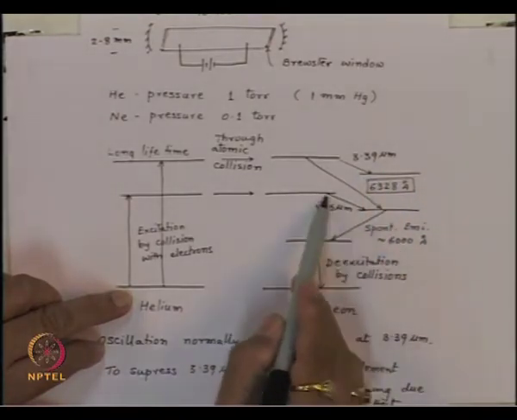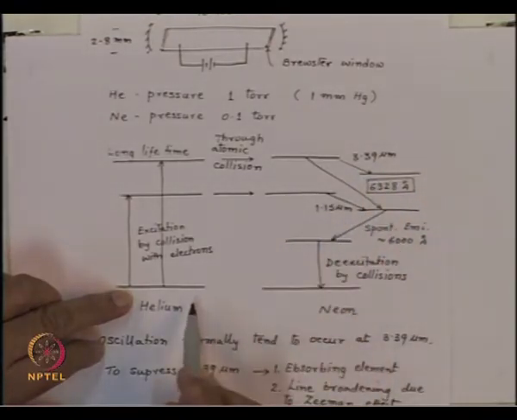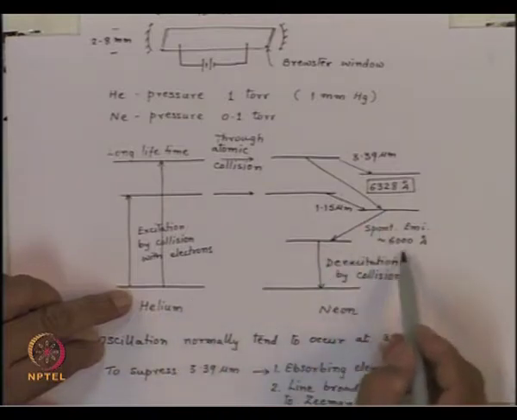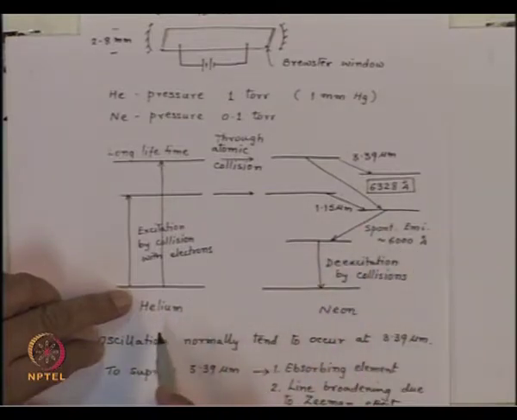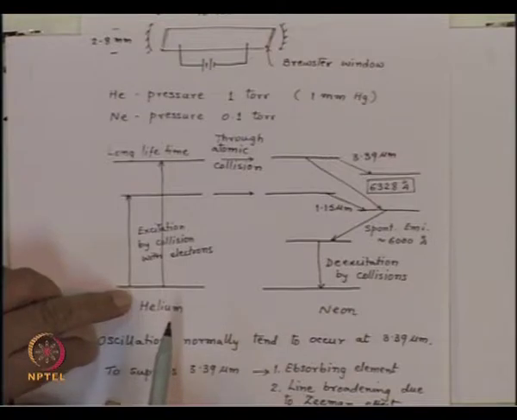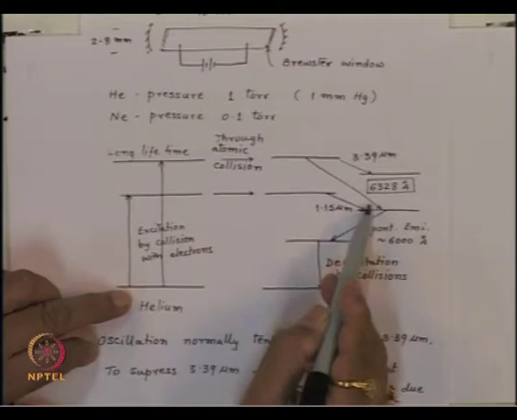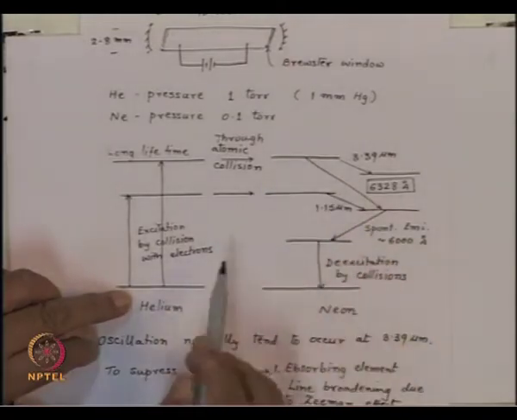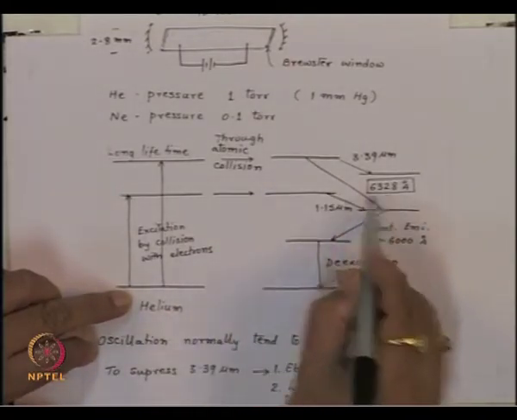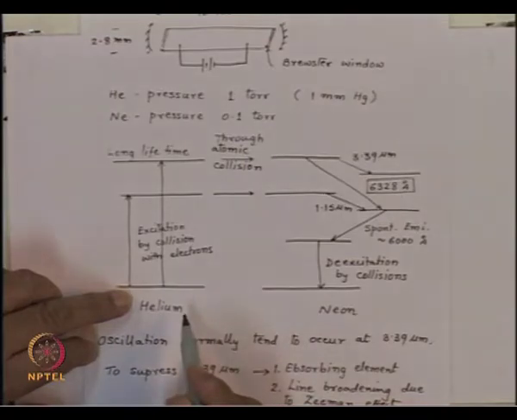This difference corresponds to 1.15 micrometer. This one corresponds to about 6000 angstrom and so on. Now, we are interested in this transition because that is where the lifetime is longer. So, we can have a stimulated emission corresponding to this transition.